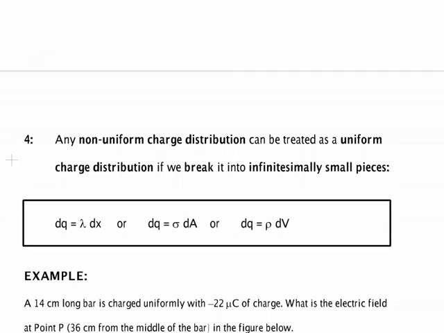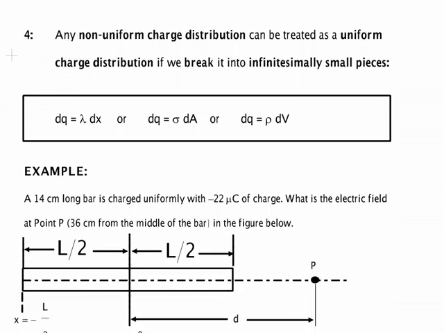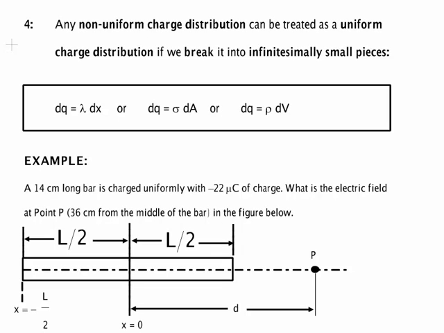Now, if you've got a non-uniform distribution, things are a little different. In a non-uniform charge distribution, when we have to break it up into little pieces, each piece of charge will depend upon the linear density, for instance, at that part, times the width of the piece of the material that we're considering. This lambda will be different in different places, for instance, on the bar, if it's non-uniform.